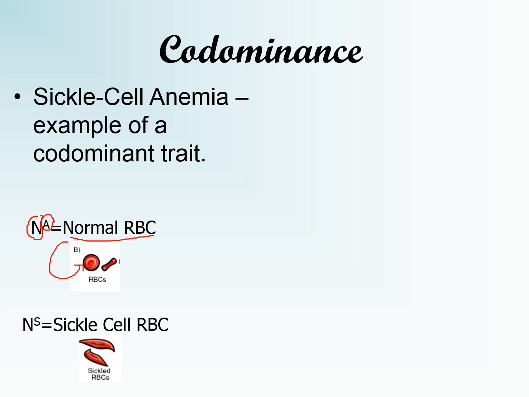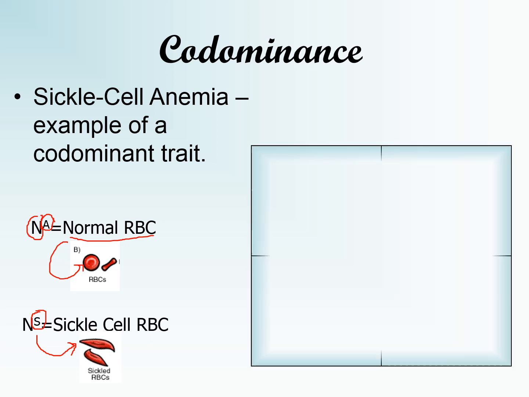Somebody who has a sickle cell red blood cell would have the allele big S that would produce these sickled, crescent-shaped red blood cells instead of the circular ones.